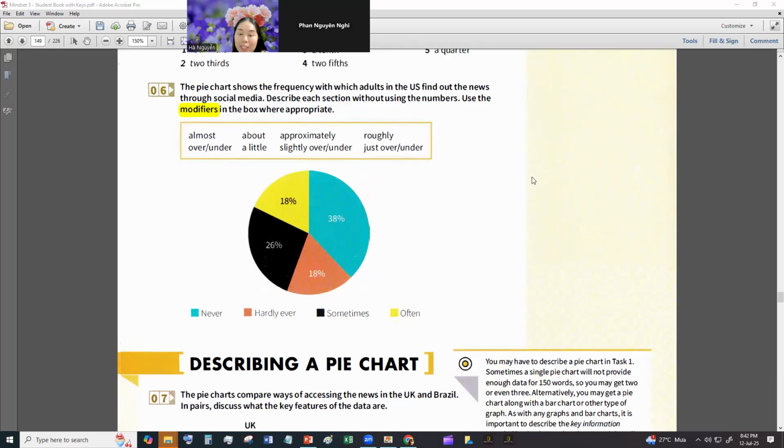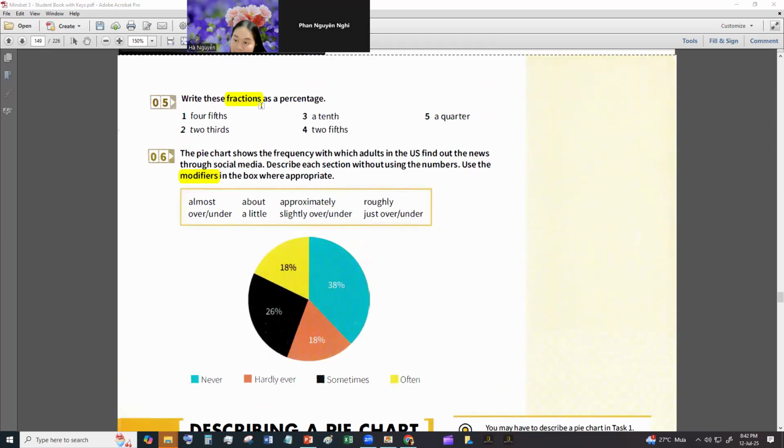Great job, Nghi. So you did really well, not only using the correct modifier, the approximation language, okay? So these are modifiers and specifically they are approximation language. And not only that, you use the correct fractions and you use the verbs in a variety of ways. So not only find out or read, you say access and get the news.